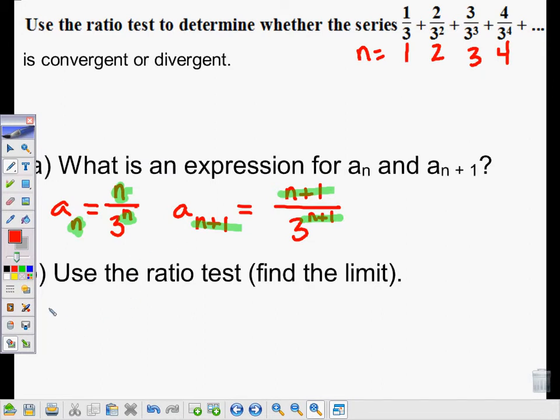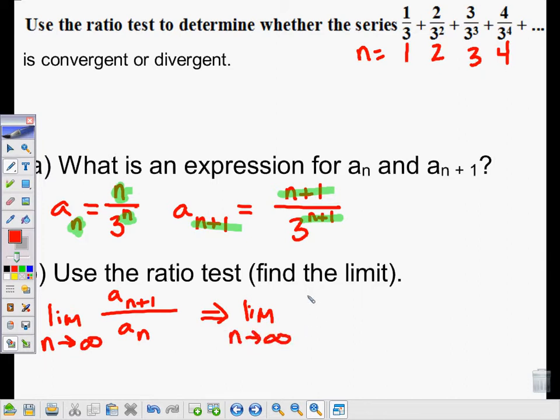Now the ratio test asks me to take the limit as n goes to infinity of a sub n plus 1 over a sub n. So that's going to translate into the limit as n goes to infinity of n plus 1 over 3 to the n plus 1 all over n over 3 to the n.